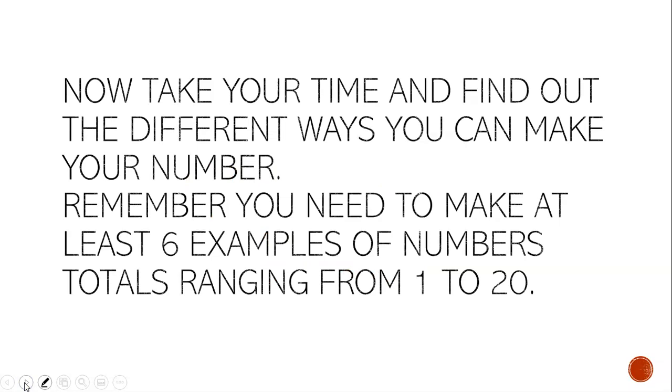All right, once you've made 13, I want you to take your time and find out the different ways you can make your number. Remember, you need to make at least 6 examples of numbers, totals ranging from 1 to 20. So after you've made 13, I want you and your family to pick random numbers that you want to find.